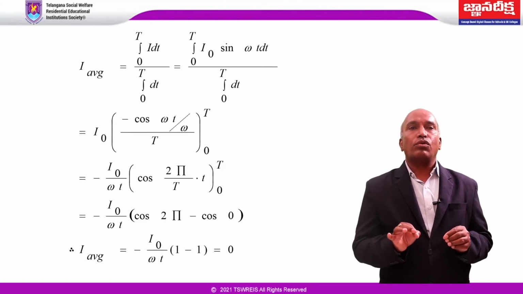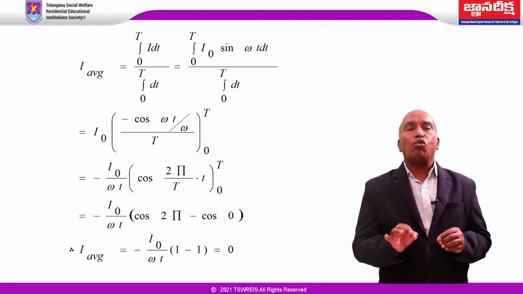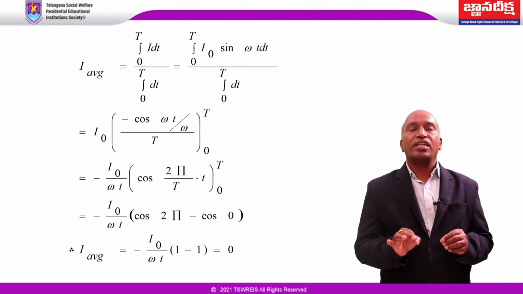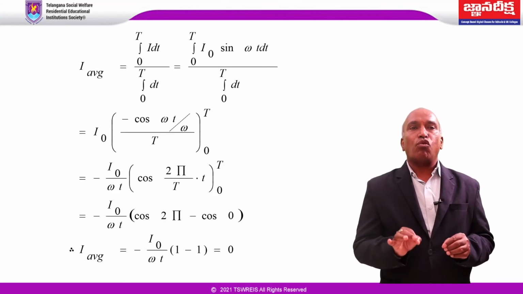That is equal to −(I₀/ωT) [cos(2π/T × t)] limits 0 to T. That is equal to −(I₀/ωT) [cos 2π − cos 0].